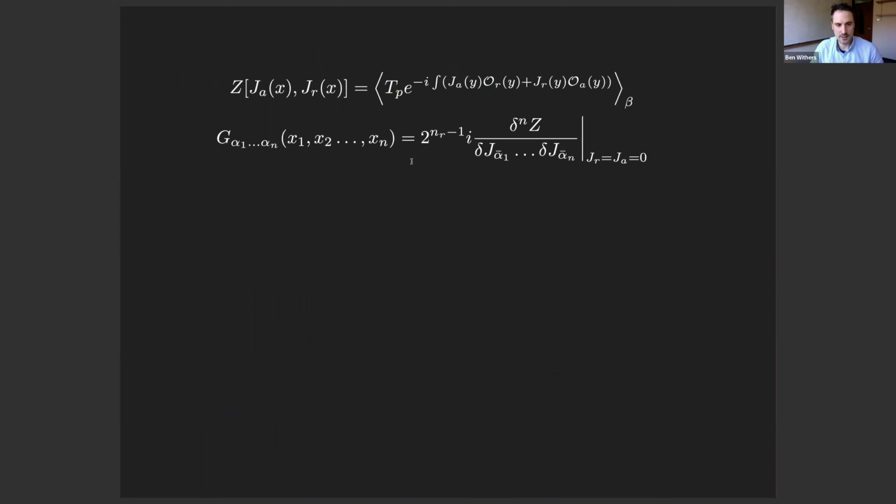Let's just look at that. We take this path integral living on this complex time contour, and we take variations with respect to these sources and set the sources to 0. This generates all of these retarded and advanced and everything else in between correlation functions.